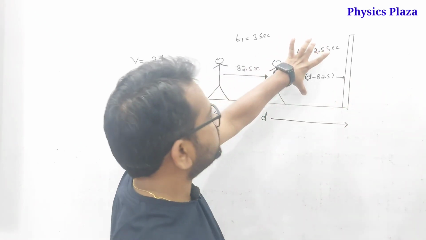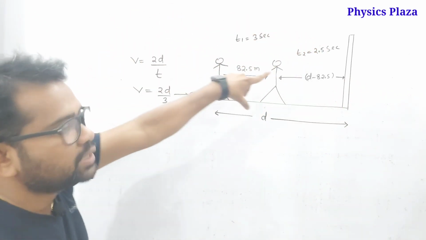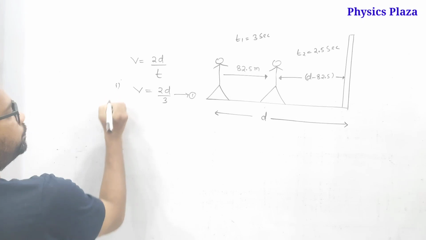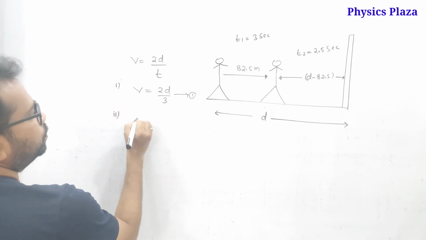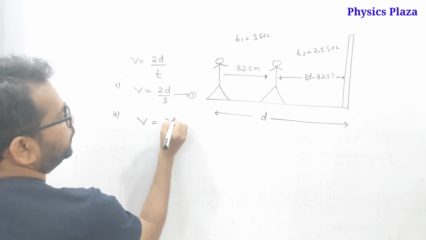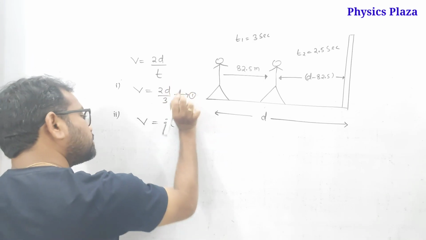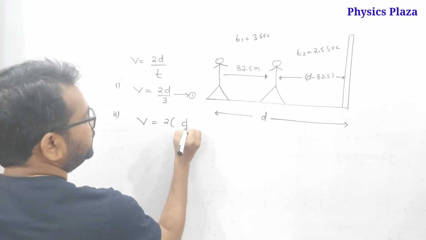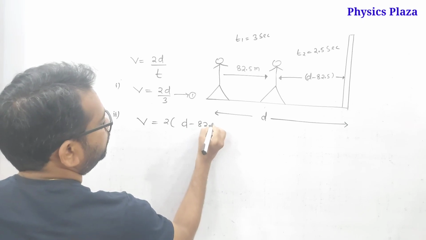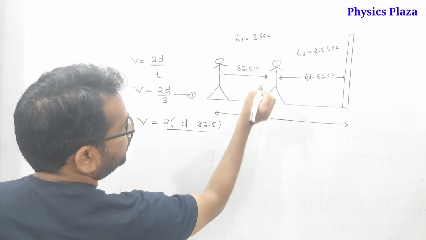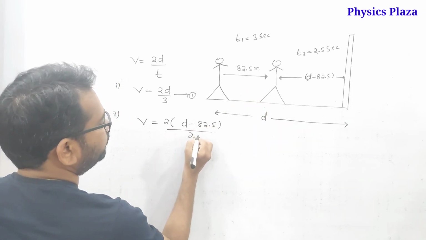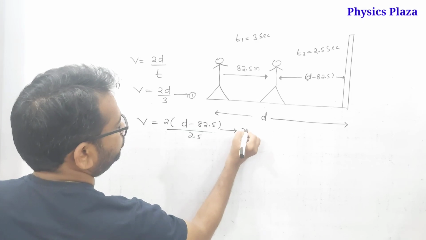Now this is the second case. Let us apply the same concept to the second case. Let us say case 1, case 2. So v is equal to 2 into (d minus 82.5) by the time taken, which is 2.5 seconds. That's equation 2.